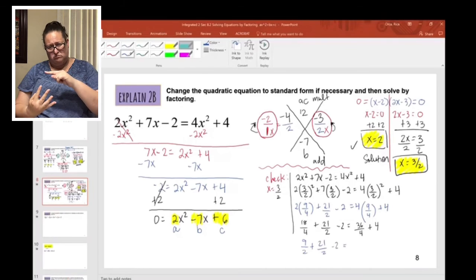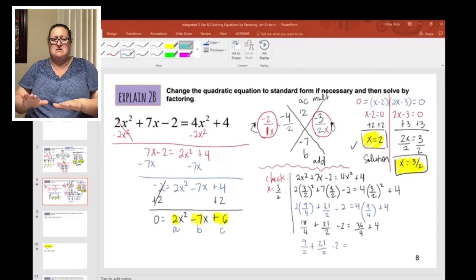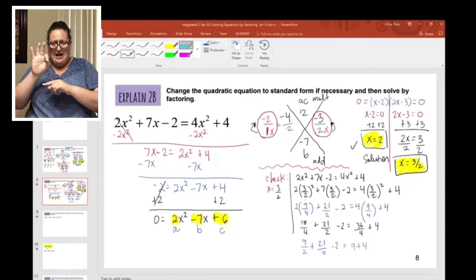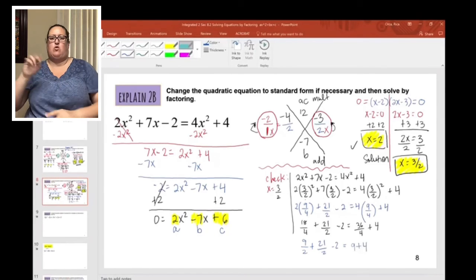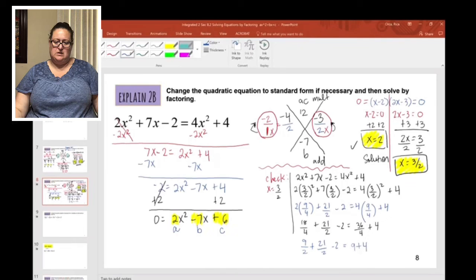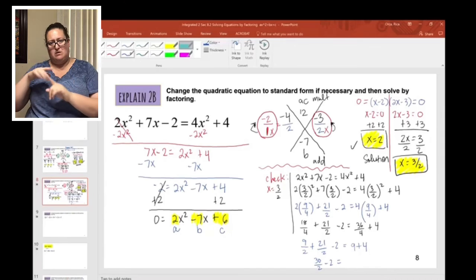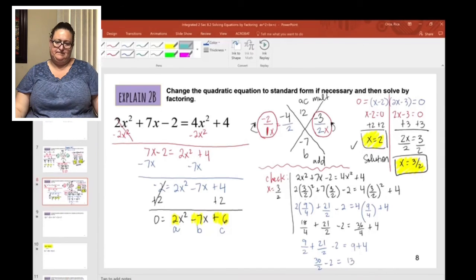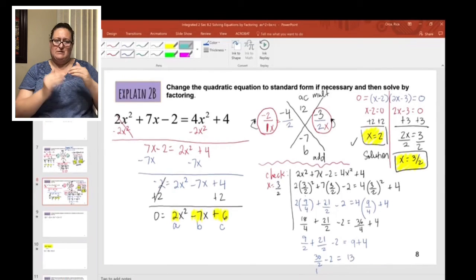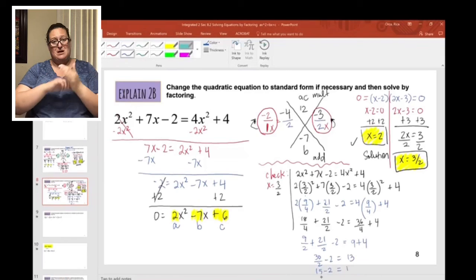Let's go ahead and divide 36 by 4. That's going to give us 9 plus 4. Okay, class, so 9 halves plus 21 halves is 30 halves minus 2 equals 9 plus 4 is 13. And finally, 30 halves is 15. And that's 15 minus 2, and it's supposed to equal 13.